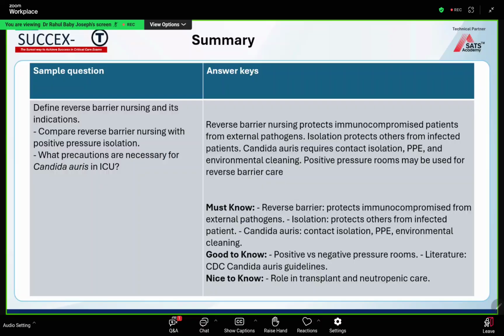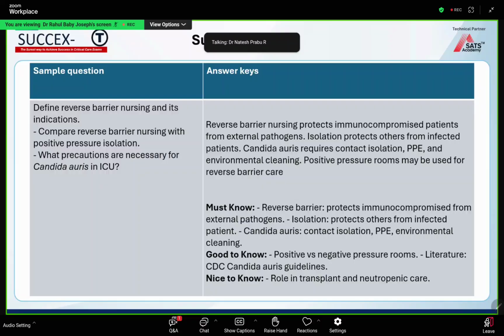and what kind of precautions, and what is the role of reverse barrier in terms of the purpose, and how you define why it is done, and what the common situations are. Maybe if you group it like this, it will be very useful for you to write it up. And in a similar context, sometimes we may get questions on outbreaks, like MRSA outbreaks, VRE outbreaks.